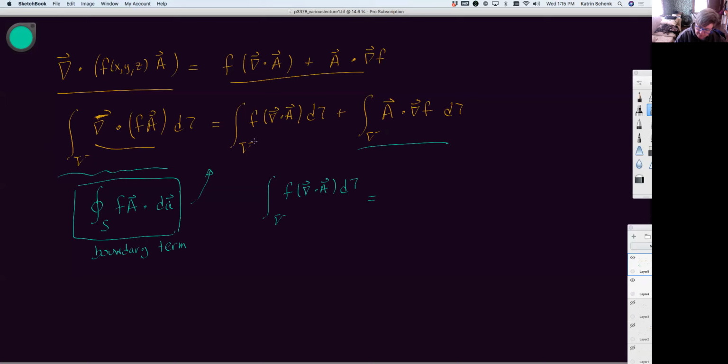You take the derivative here on a, you change it, put it on f, and you have to do that with a gradient. It's the integral over that volume of a dot, negative, because we're going to pull the other side, the gradient of f d tau, and then plus the boundary term. Okay, so that's one of our integration by parts formulas.